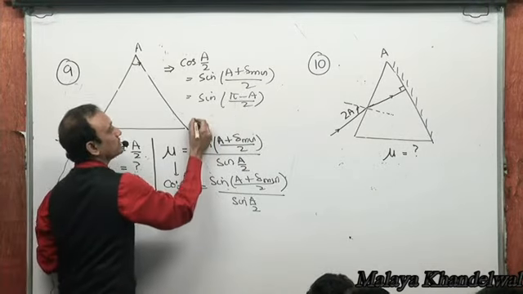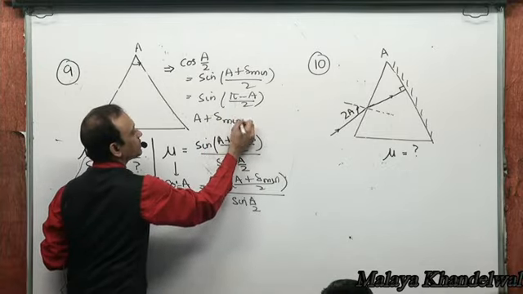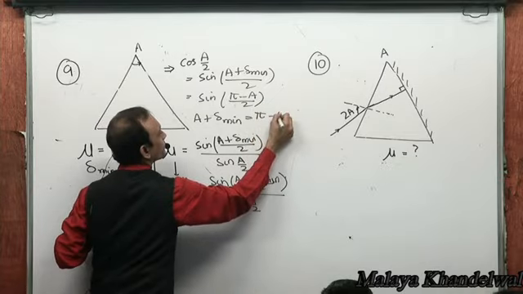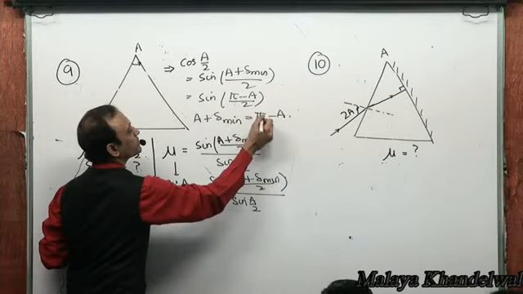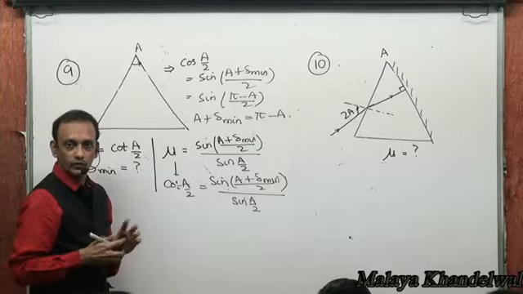And therefore equate the angles. We get A plus delta min equals pi minus A, and delta min therefore would be pi minus 2A.